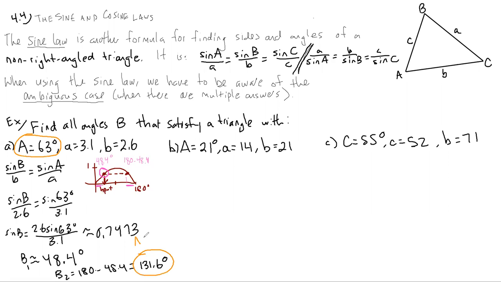So if I do A plus B2, what I get is 194.6 degrees. That's too big for a triangle. There's too many degrees in this triangle. So we actually get to reject the answer B2. We only really want the 48.4 degrees. That's our only solution for this one.